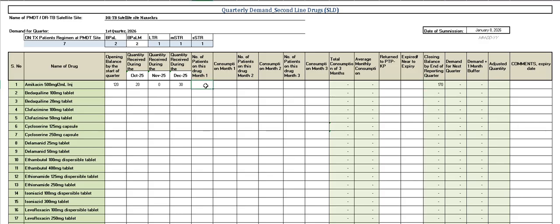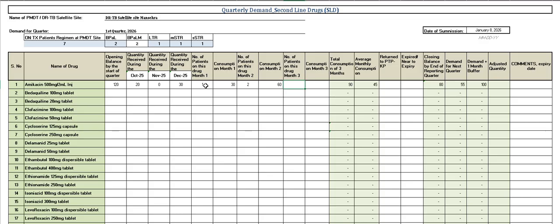Now come to this point. During the first month of the quarter, October 2025, you had one patient and you gave 30 injections to him. During the second month, another patient was entered and they became two and you gave them 60 injections.